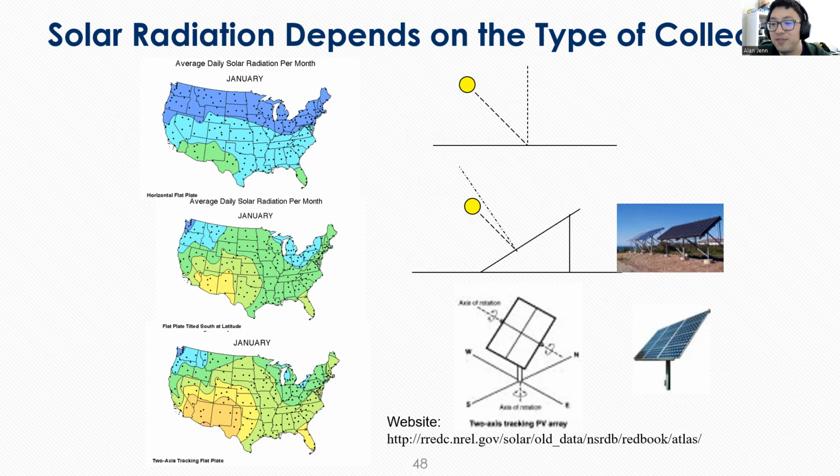And then you could have something called a tilt tracker, where the solar panel will move, so you are maximizing the amount of time that it's perpendicular. You could get something like this, right?